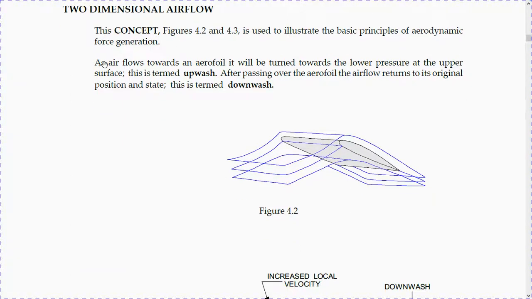Two-dimensional airflow. As air flows towards an airfoil, it will be turned towards the lower pressure at the upper surface. This is termed upwash. So as air flows towards an airfoil, it will be turned towards the lower pressure, which is above.